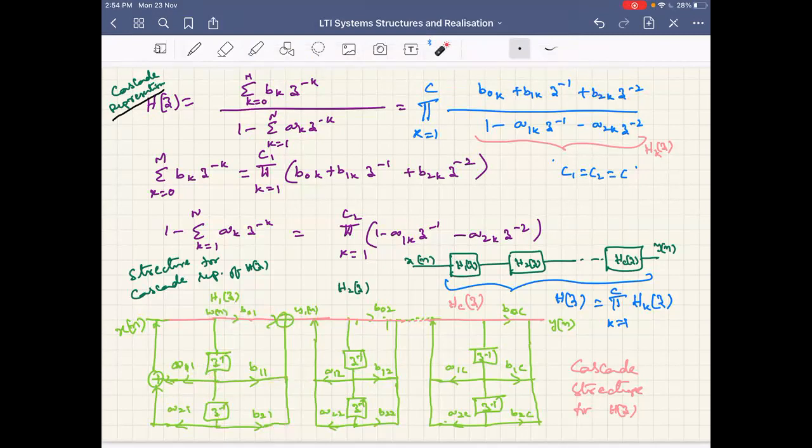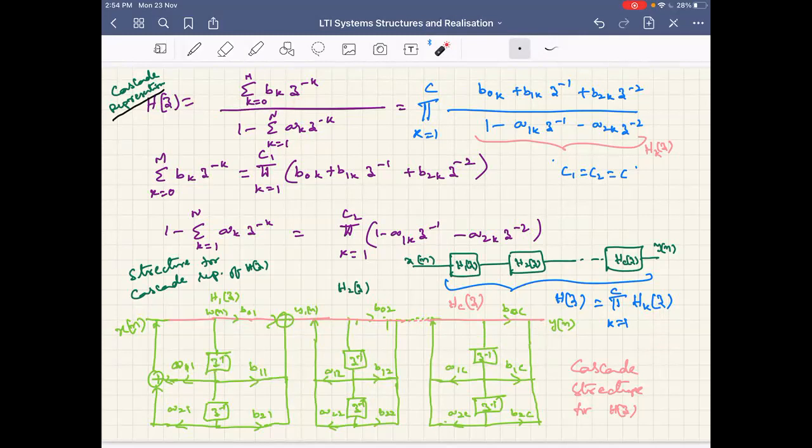This is the first one for the numerator term, and this is the denominator term. Similarly, this is the H2 implementation, this is the C implementation. Since each of the H_k here is a second order system, we can represent them through the transposed direct form 2 representations, and then cascade them to get the overall response H of z.